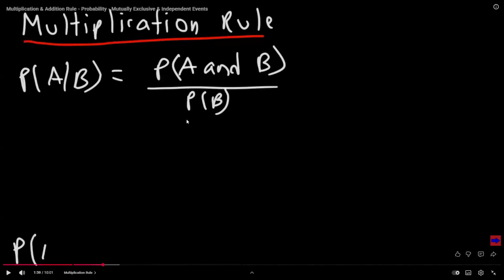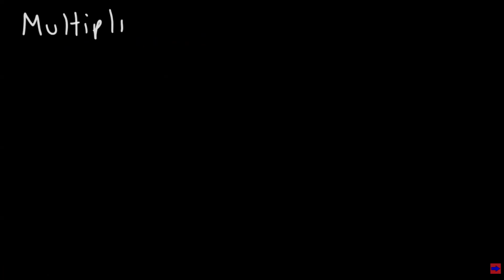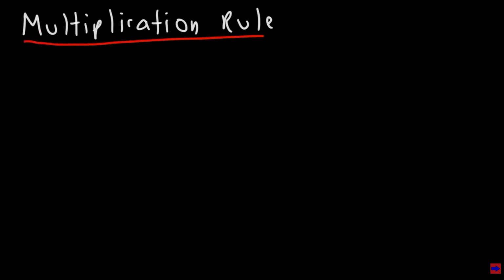The probability of getting A and B. Okay, let's see here. The next type of rule is the multiplication rule. First, let's talk about conditional probability.